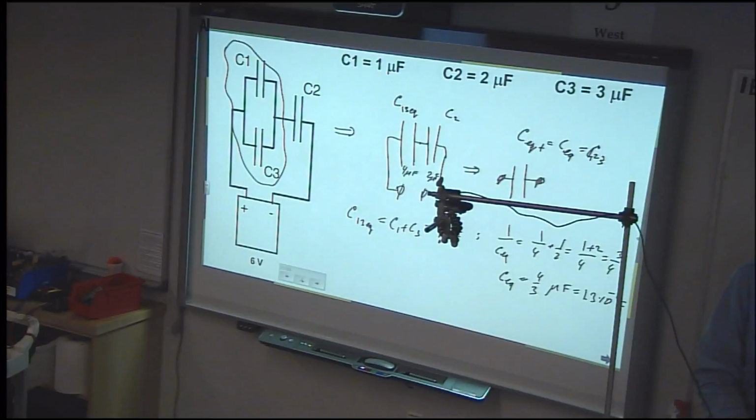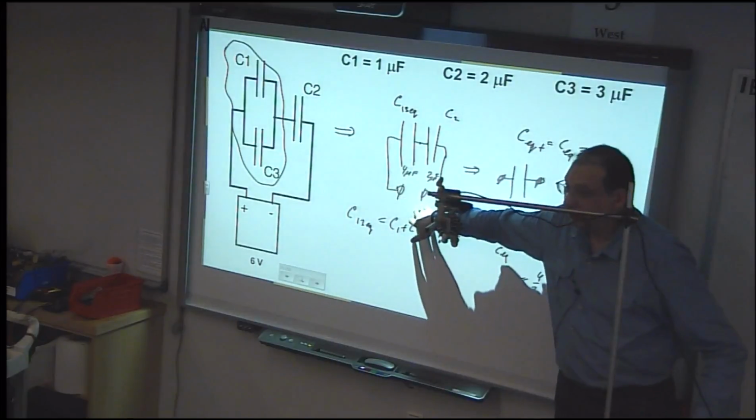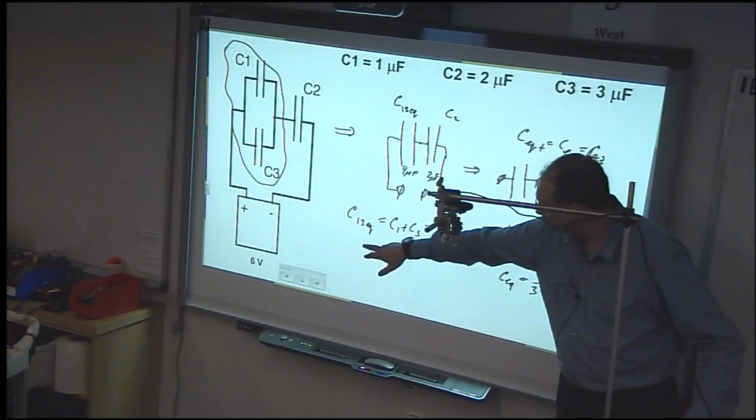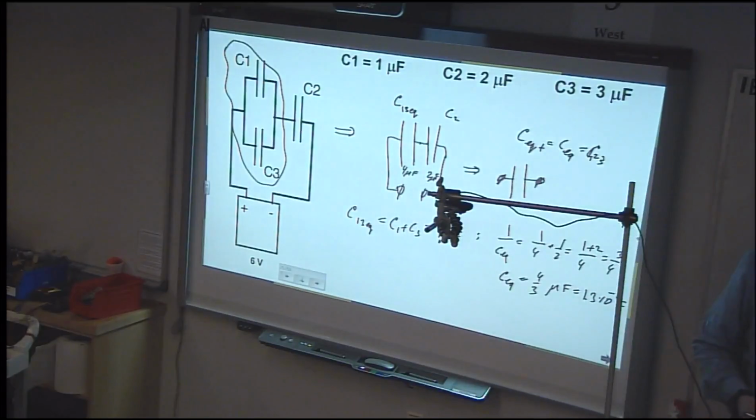When the potential difference across the system is given, 6 volts, we can calculate the charges, we can calculate individual voltages. Of course, right now we just have to start applying that fundamental relationship, a definition of capacitance, Q equals C delta V, as many times as we want to.